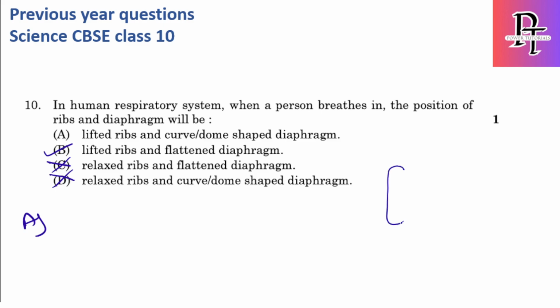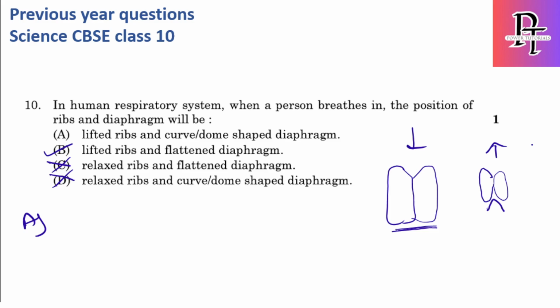If these are the ribs, this will be the diaphragm. It will be flattened for inhalation, and the ribs will be lifted, and the diaphragm will be like this for exhalation.